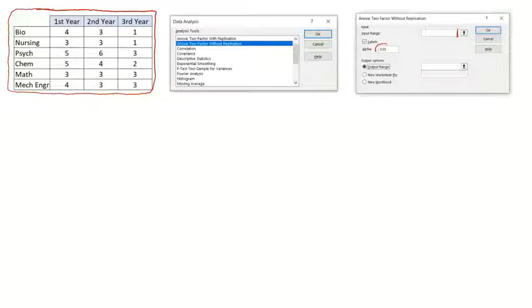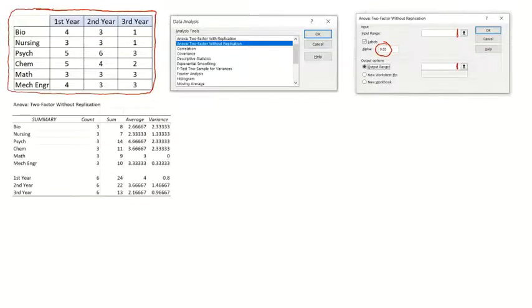We are going to set the alpha at 0.05. Then click your output range, and choose a particular area in your sheet to insert the output, and then click OK.